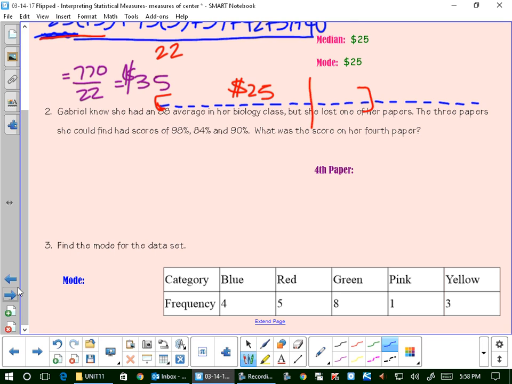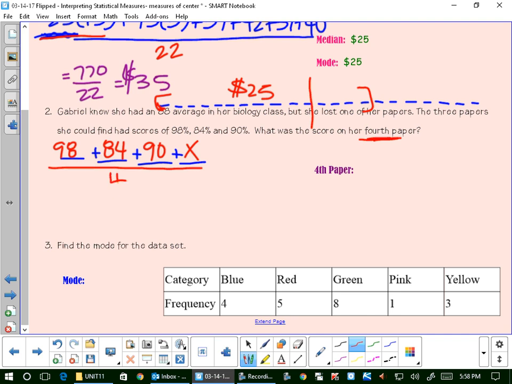Well, we have 4 papers, right? 1, 2, 3, 4. So these paper grades are 98, an 84, a 90, and we don't know the 4th paper, do we? We're going to label that X.